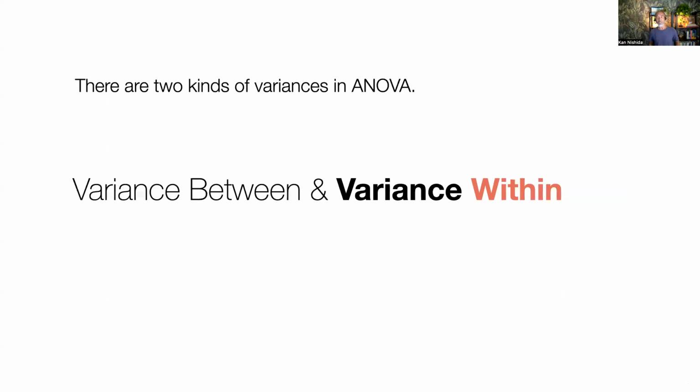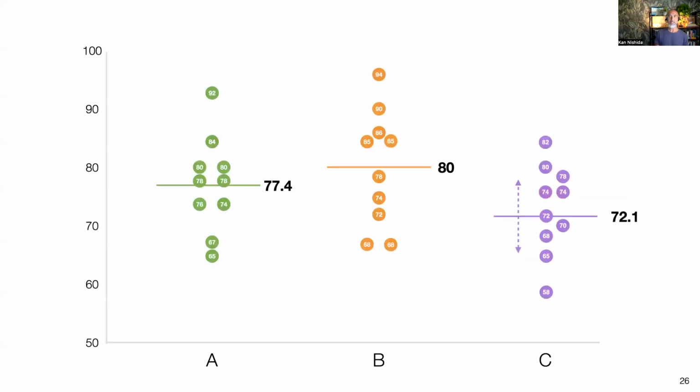Okay, so what is the variance within? Within is after you separate into 3 groups, what is the variance in each group? So school A, the mean of school A is 77.4, and then all these 10 students, how are they varied? How far are they separated from their mean, which is 77.4?